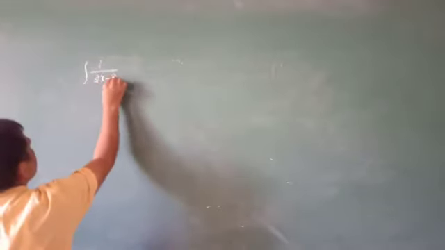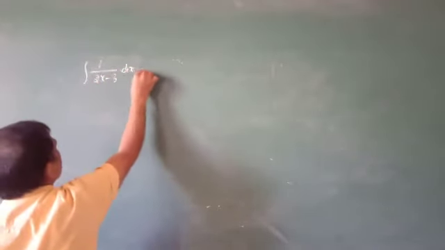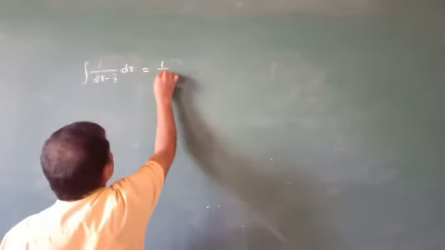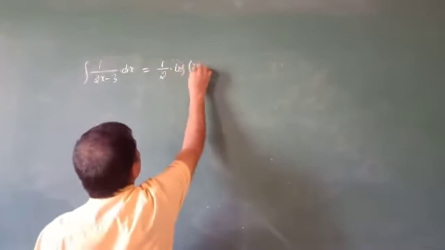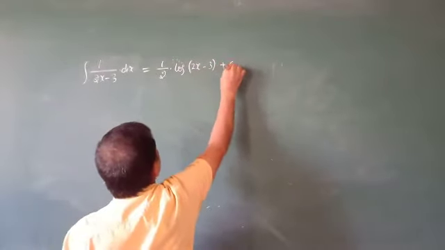Next, integrate of 1 divided by 2x minus 3 with respect to x. This is in the form of 1 divided by ax plus b, so the answer is 1 by a into log of 2x minus 3 plus c, that is 1 by 2 into log of 2x minus 3 plus c.